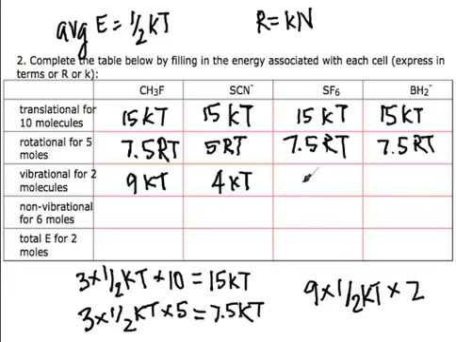For SF6, we have 7 atoms, so that's 3 times 7, 21. 21 minus 3 for translational, 3 for rotational gives us 15. For BH2 minus, we have 9 because 3 times 3. 9 minus 3 translational, 3 for rotational. This is a nonlinear molecule. We're going to have 3 kT.